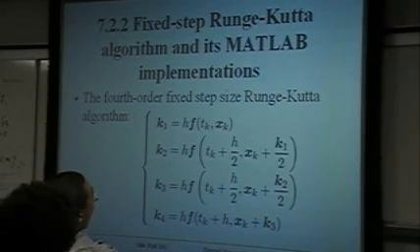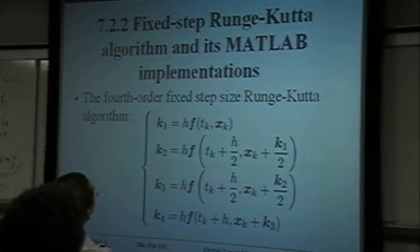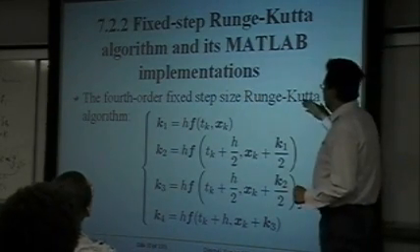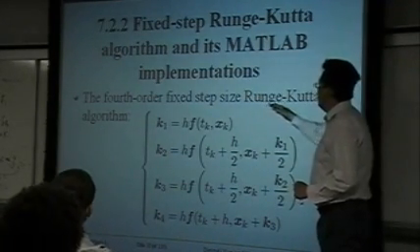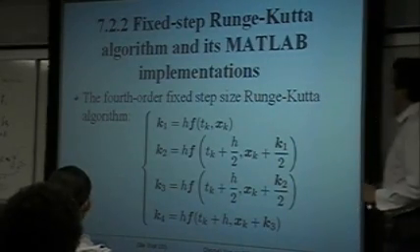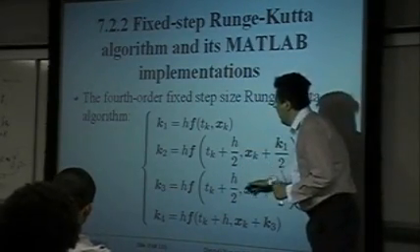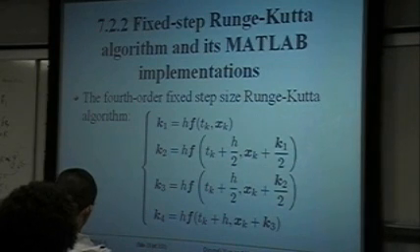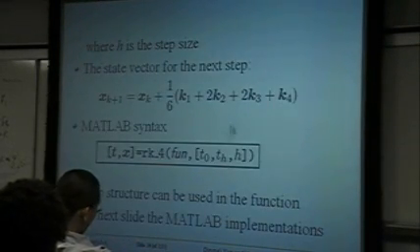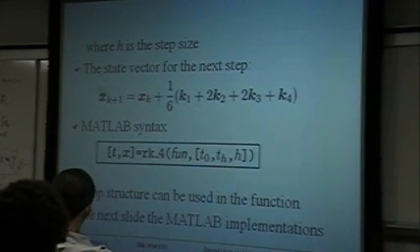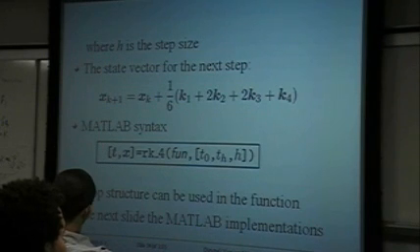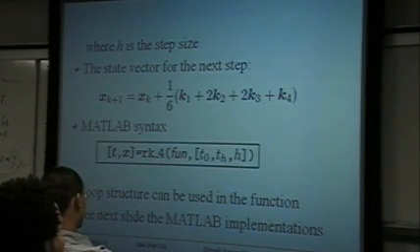Apart from this simple method, we can also have other more complicated methods, such as the Runge-Kutta method, where we have to calculate 4 intermediate variables, k1 through k4, and then take the weighted sum and find the next point. So this is another method which is often used in numerical analysis courses.